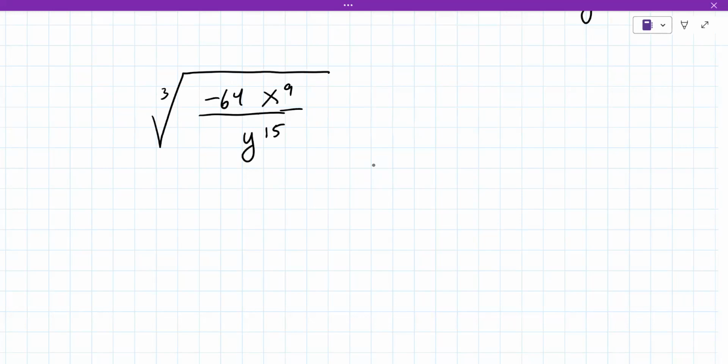Negative 4x cubed over y to the 5th. Perfect. Okay, very good. All right, so you can see it's pretty intense on algebra.